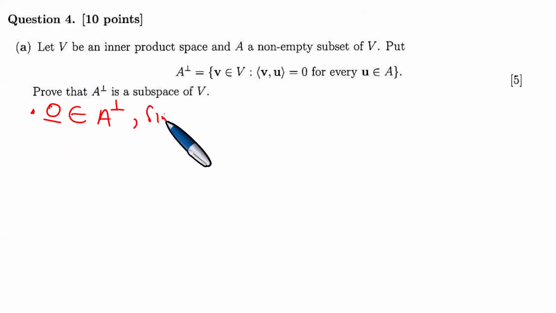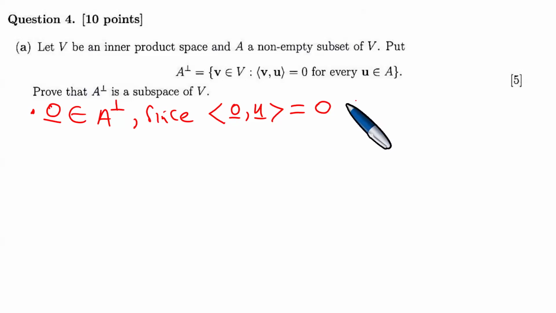Why? Because this is what you need to prove. It's an element of A perpendicular since the inner product of the 0 vector with U is equal to 0 for every vector U in A.